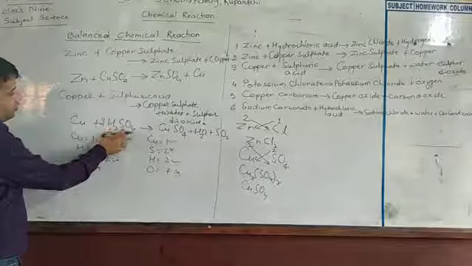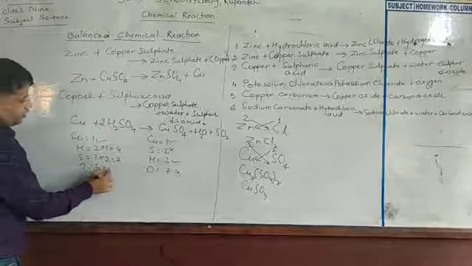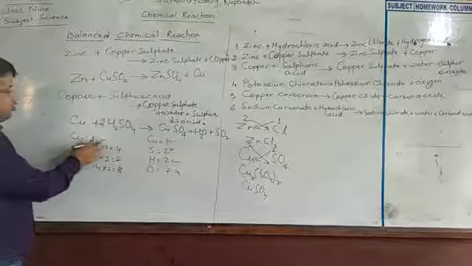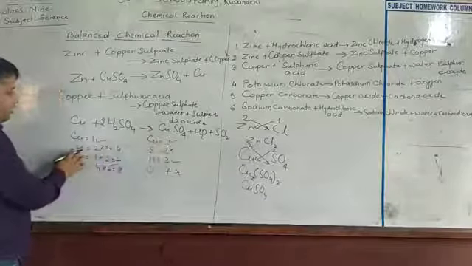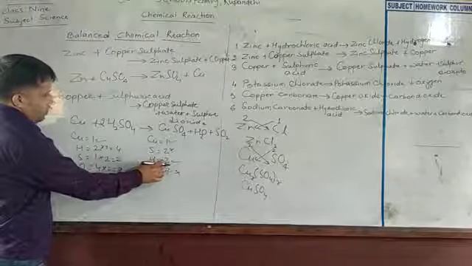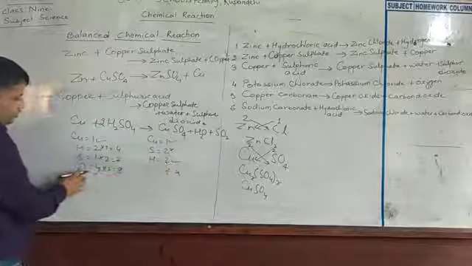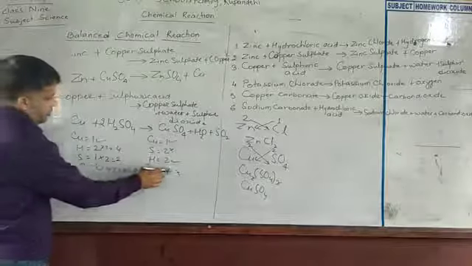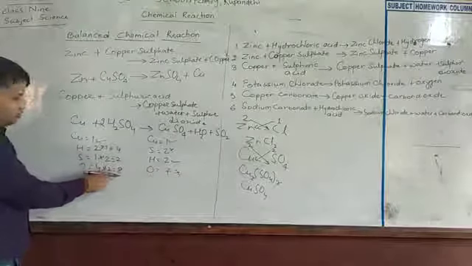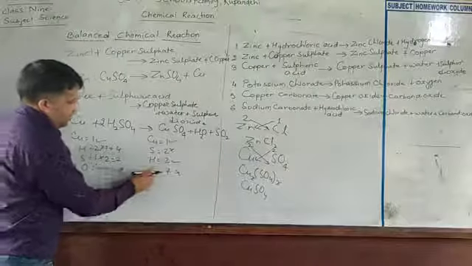Oxygen 4 into 2, that is 8. Now let's see again whether it is balanced or not. Copper 1, hydrogen 4 here and 2 there, oxygen 8 here and 7 there. So first of all we have to balance the oxygen.